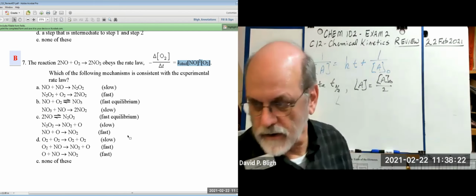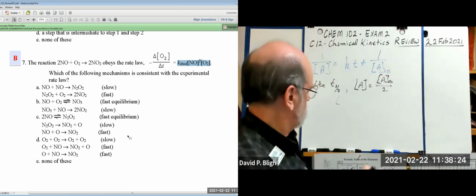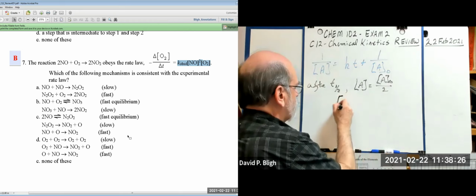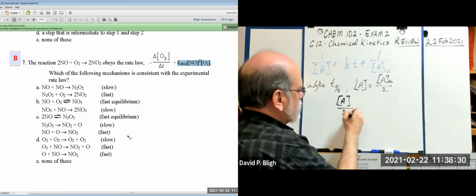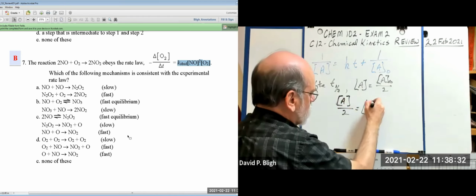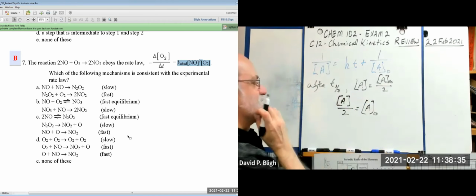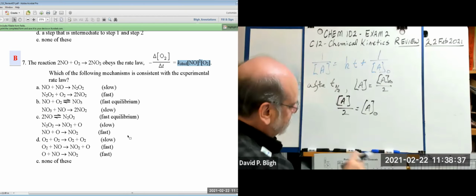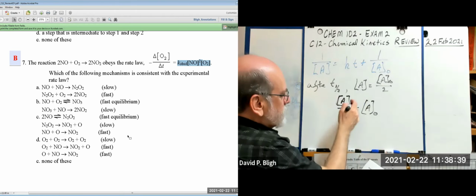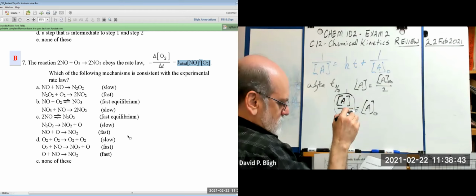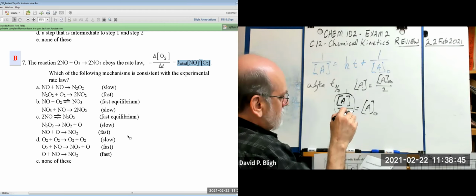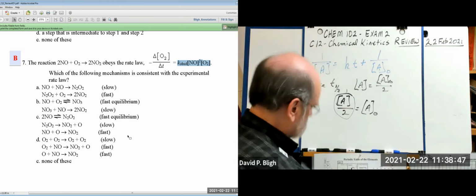So this one divided by 2 is equal to this one. Okay? Now if we substitute this term, oh, excuse me, that's not right.